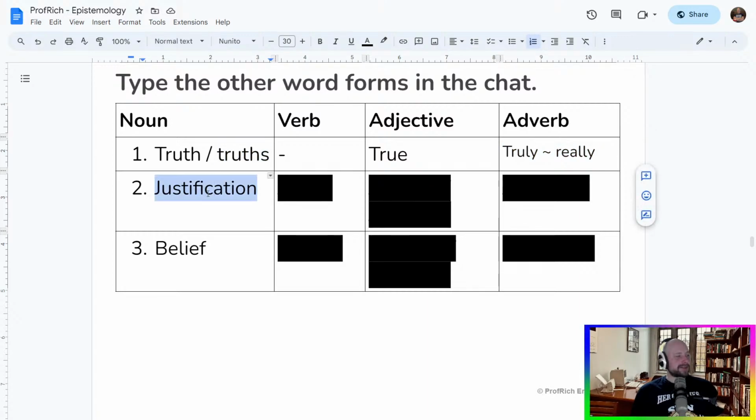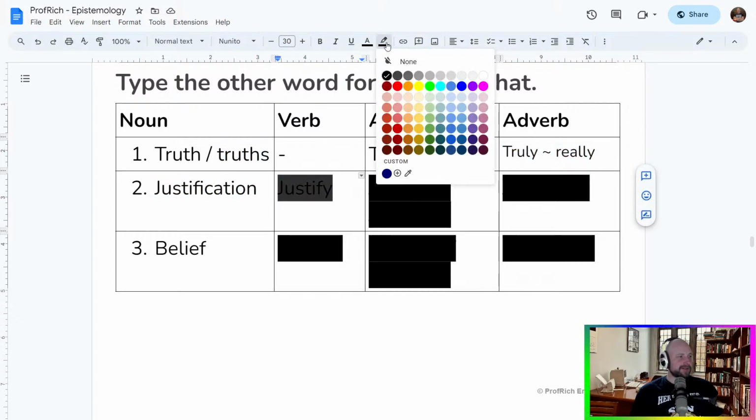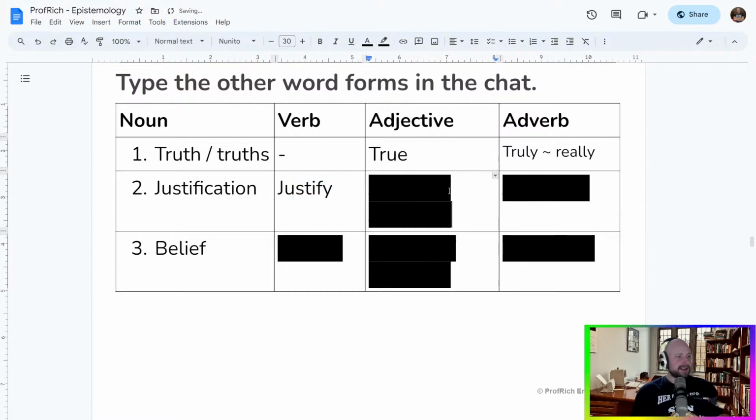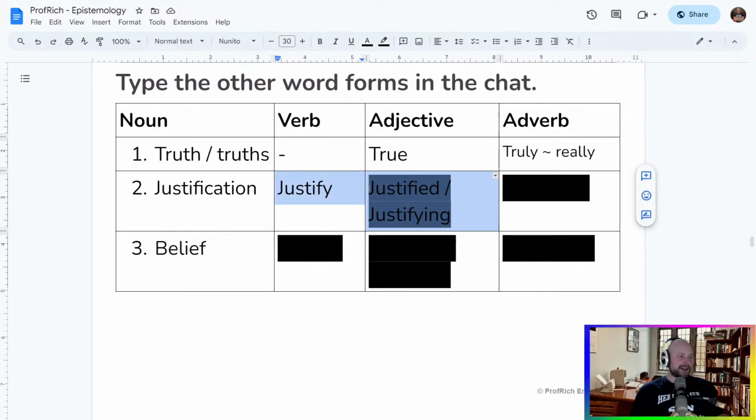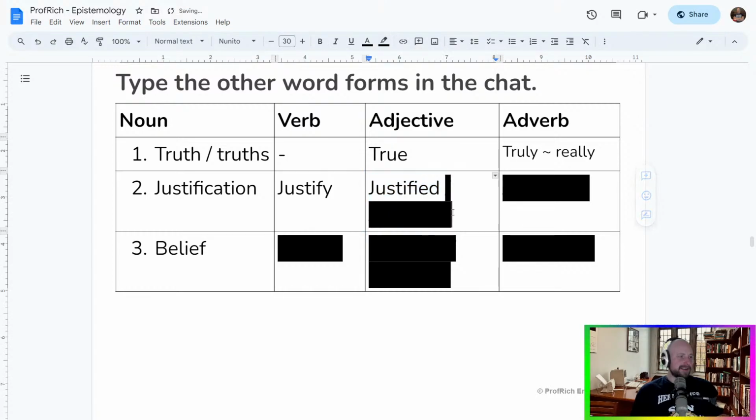Then we have justification. The verb is justify. And there are two adjectives. With justification and belief, for the adjective, we have an ed and an ing form. With justify, we've got justified and justifying.